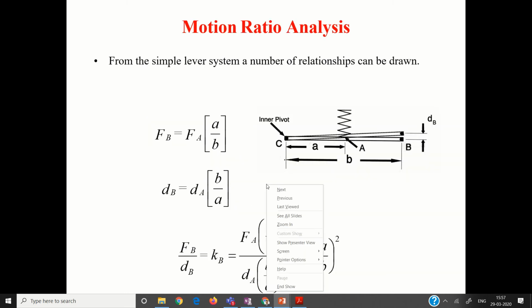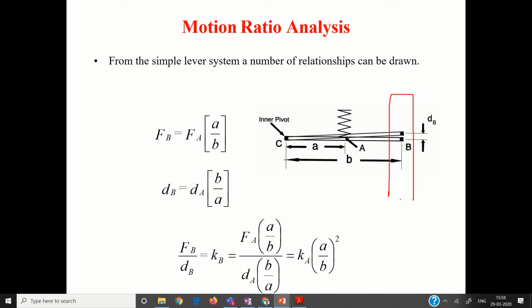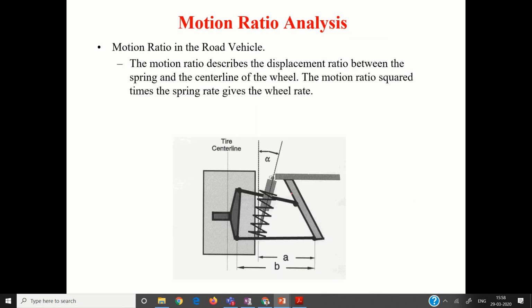Okay, now you see here. To understand this, it is like this.